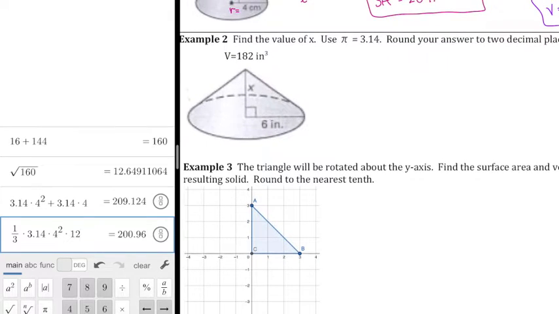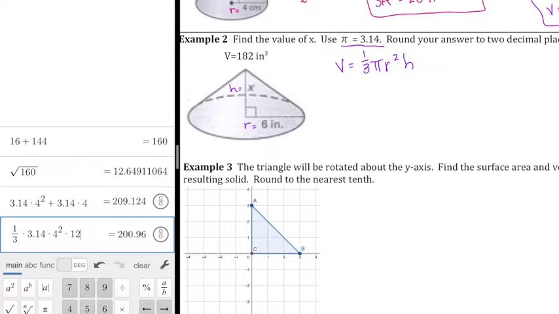All right, so we're going to find the value of x here if we know the volume. The volume is 182. My volume formula is 1/3 pi r squared times the height. I'm going to plug in 3.14 for pi, 6 is my radius, and the height is x.